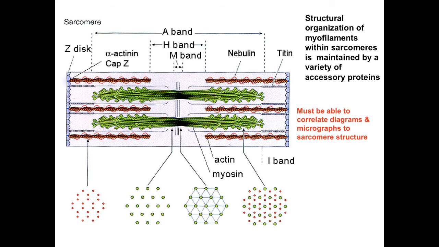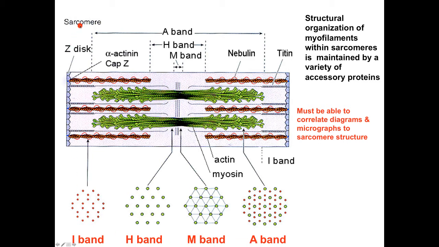I want you to first understand that you have to be able to correlate diagrams that relate to a structure like this, to structures that you see on the bottom, to electron micrographs of sarcomere structure. These are questions that people like to ask on standardized exams. So, for example, you see regions like so, labeled as I band, H band, M band, A band.